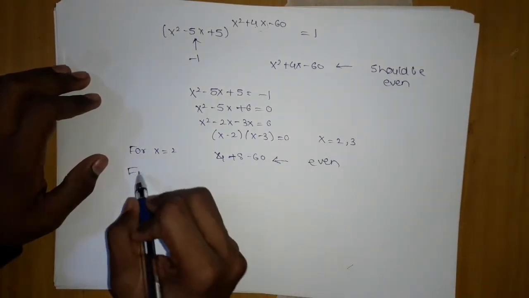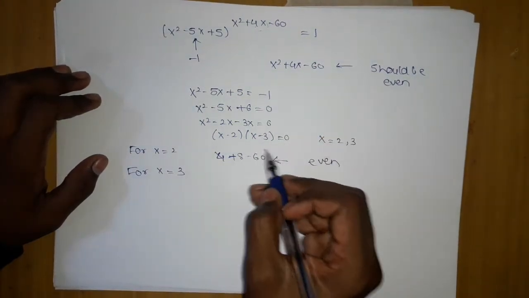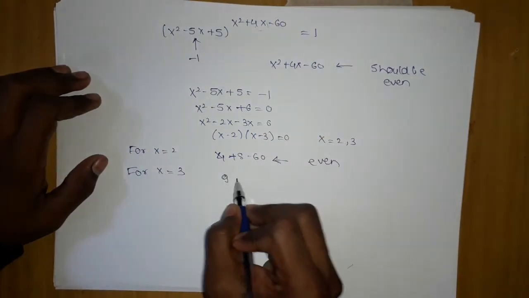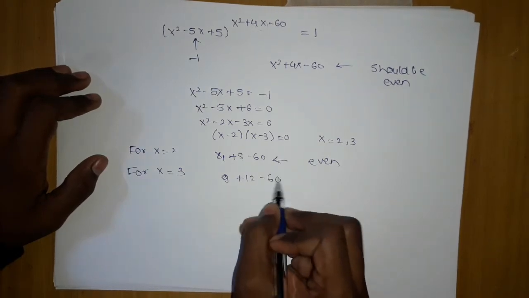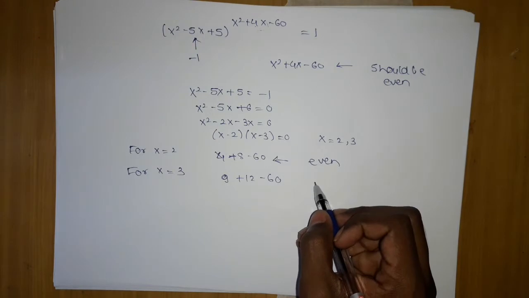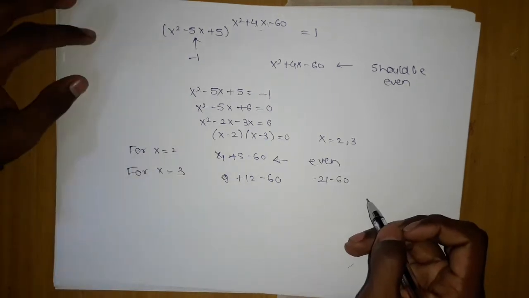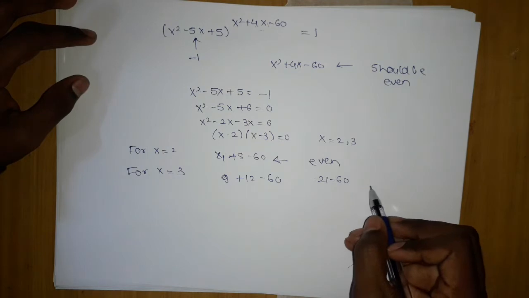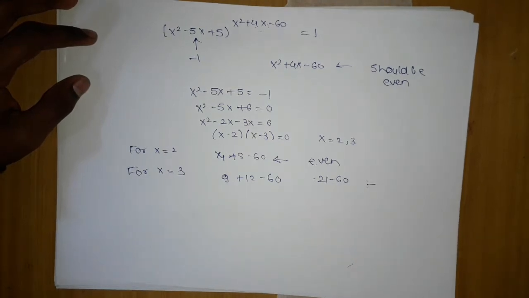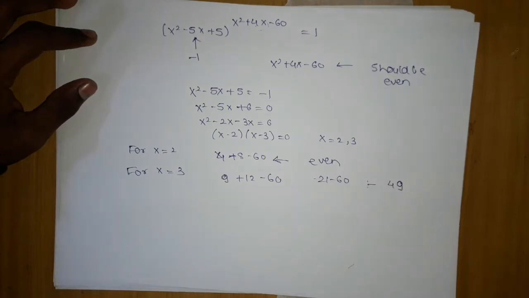Now for x equals 3, let's check what we are getting. 9 plus 12 is 21, minus 16 gives 5, which is an odd number.